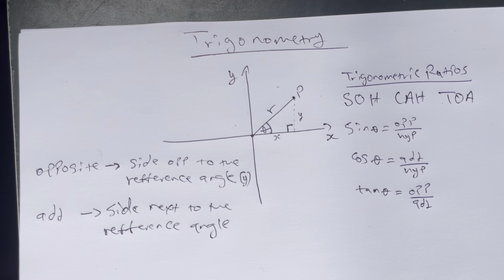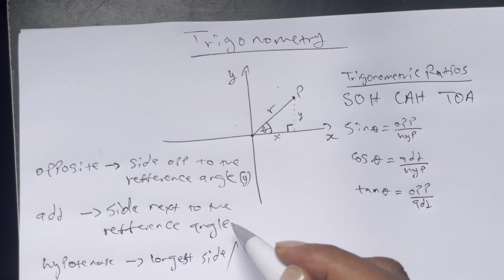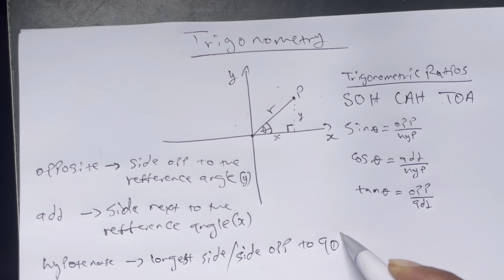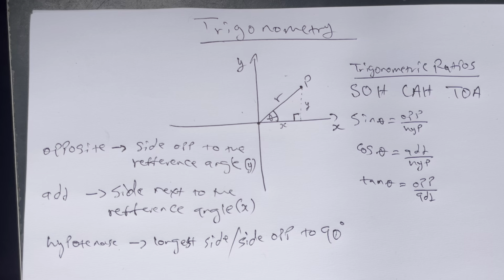Then we have the hypotenuse, which is the longest side, or you can define it as the side opposite to 90 degrees.